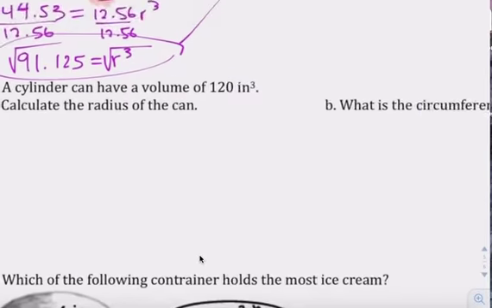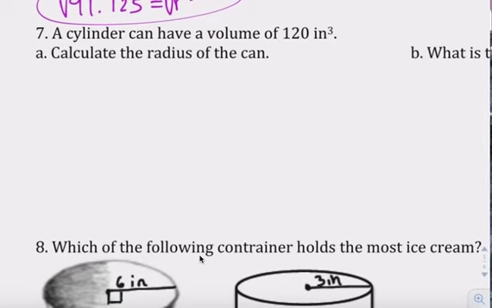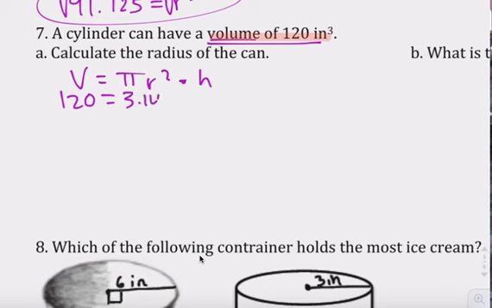Okay, same thing here. A cylinder has a volume of this. So volume of a cylinder is pi r squared times h. So this is the volume here. 120 equals 3.14 radius squared times height.